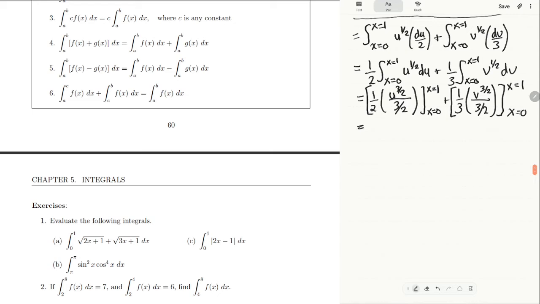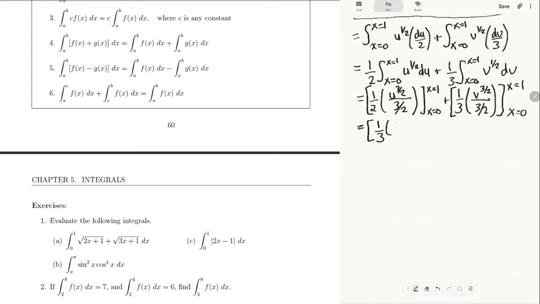So now let's simplify. We have 1/3. We can substitute back our original variable.